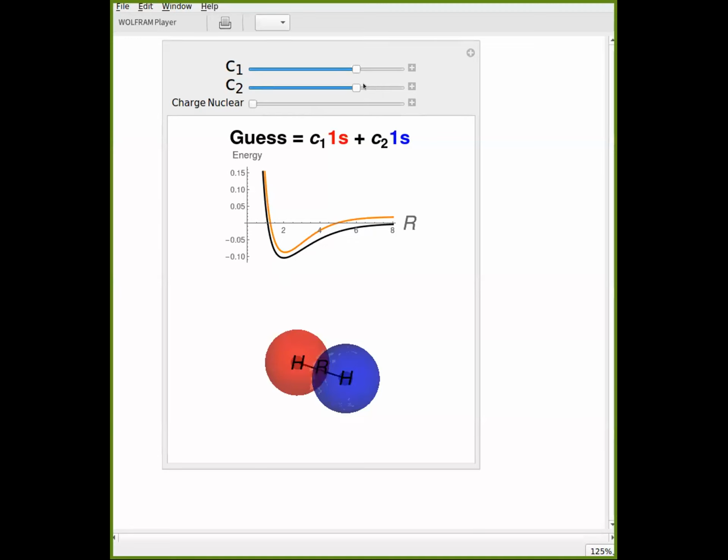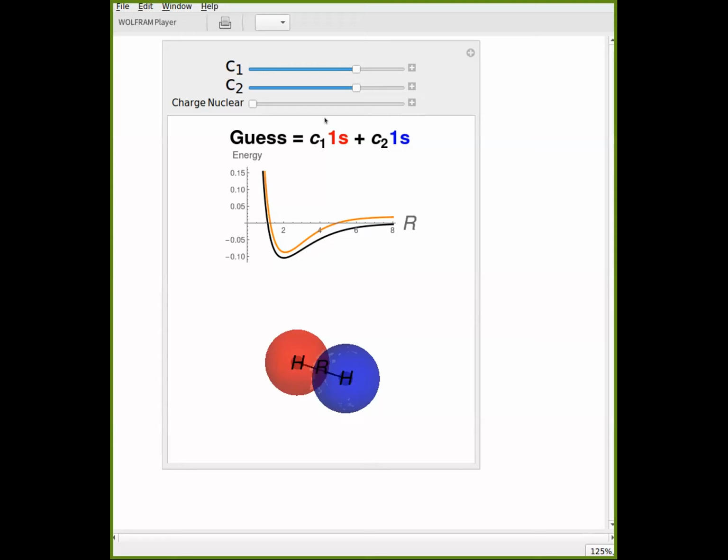Again, the procedure that we use in practice would obviously not consist of little sliders here, but we use numerical methods to optimize these functions and the energies, right? But for our purposes, I just want you to understand the core concept here.